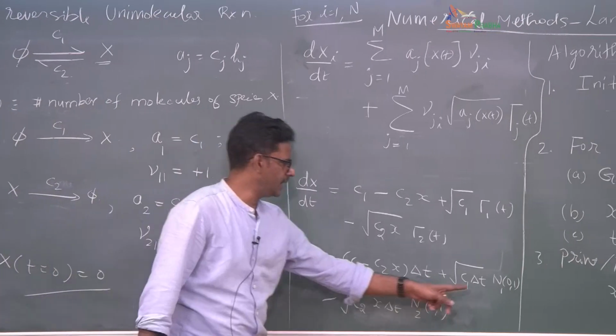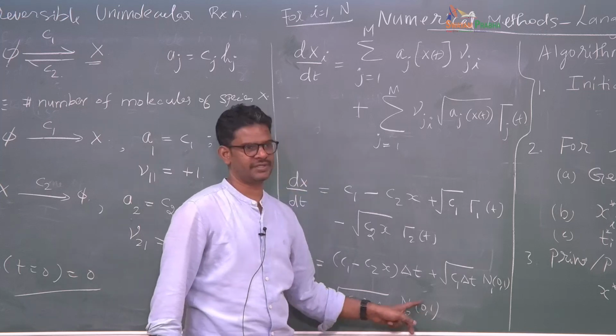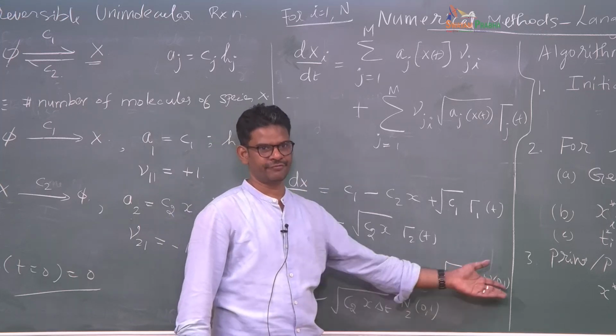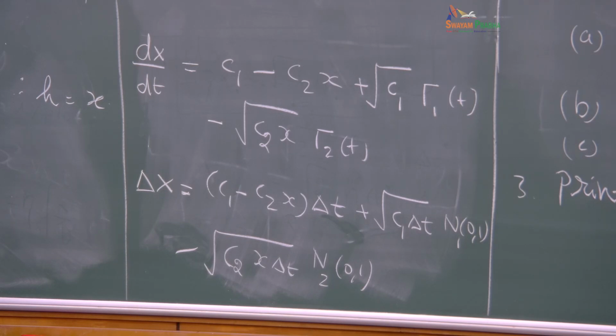I have put here n1 and n2 because n1 is for the first reaction and n2 for the second reaction. Basically, they are a pair of normal random variables with 0 mean and unit variance respectively.